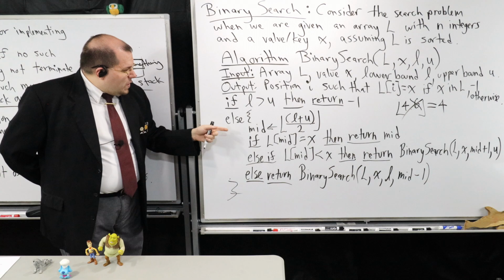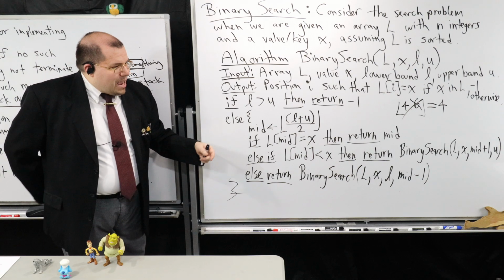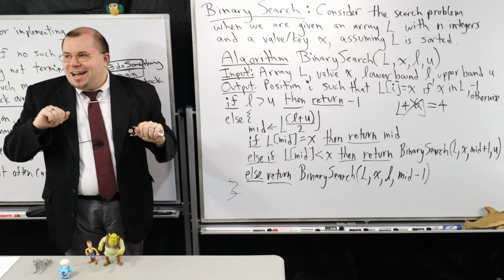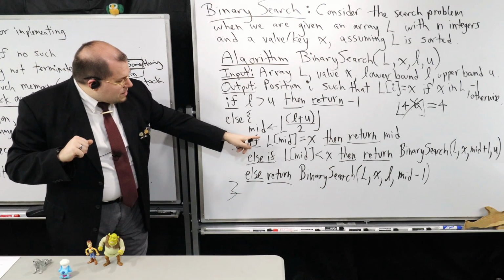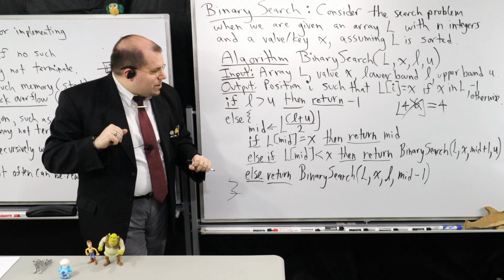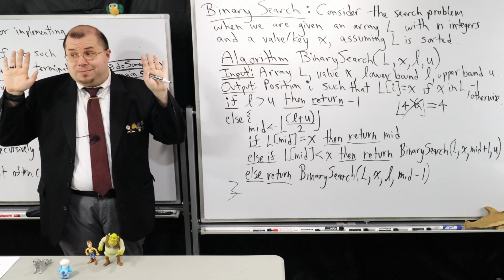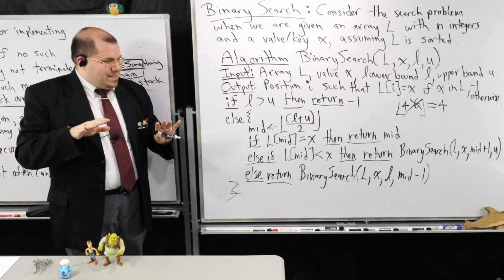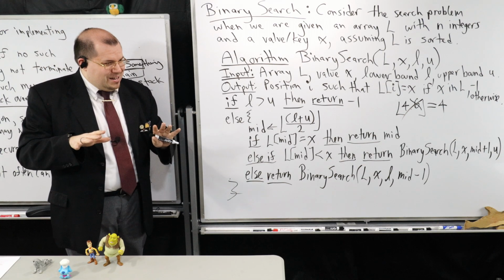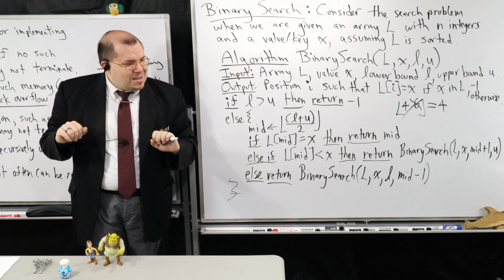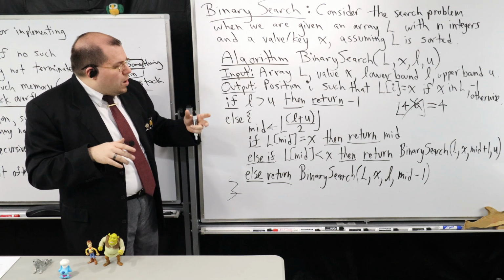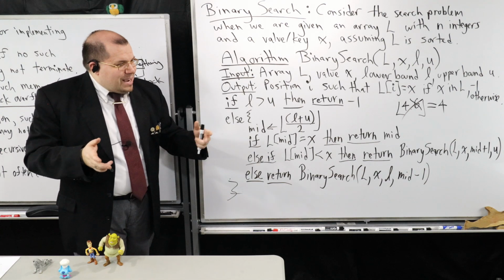Now, like I said, I examine my guess, what is now the middle position of what I'm examining. If it in fact equals the key or value, then I just return that position. I'm done. I found it. Otherwise, there are two possibilities, because the array is sorted. Either X has to be in one half, or it's in the other half.